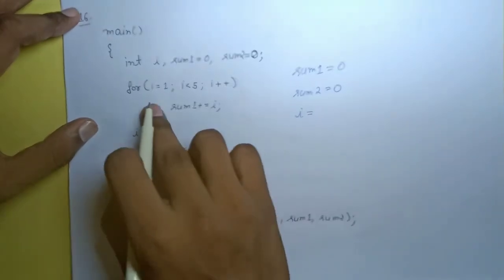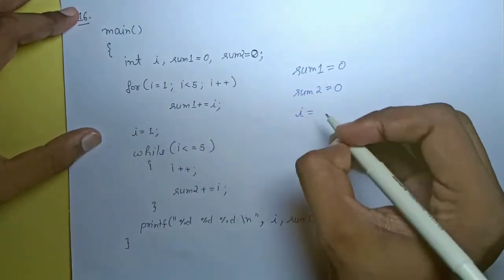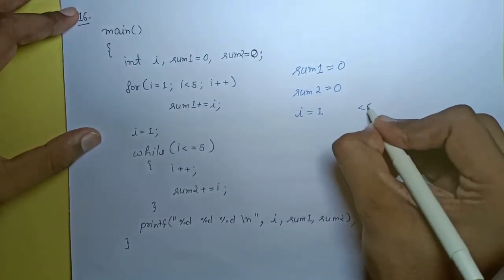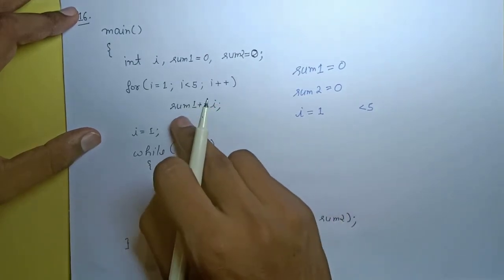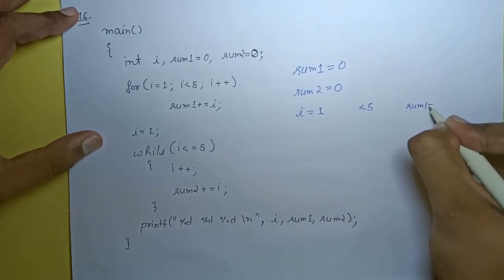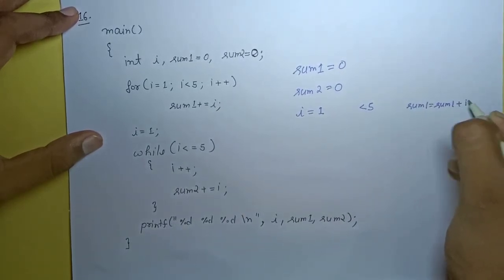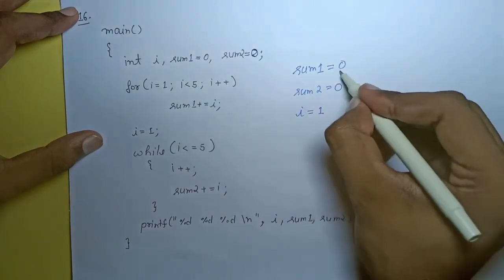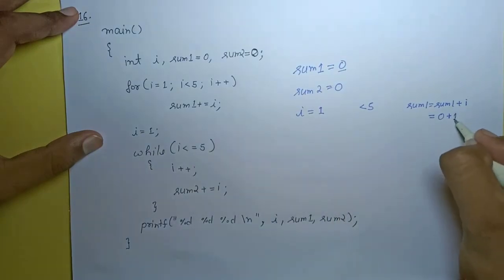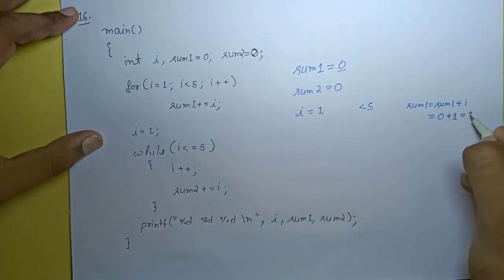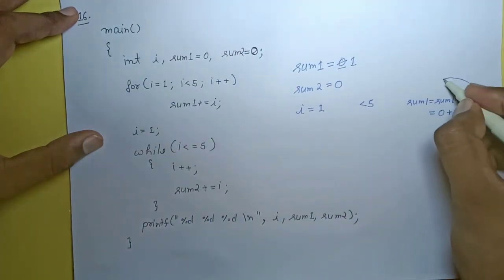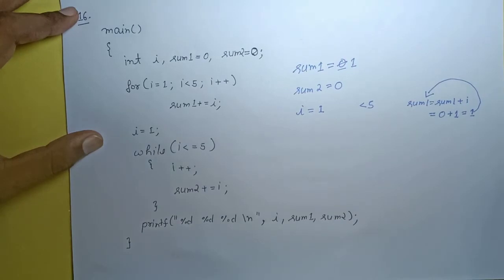In the for loop, we are initializing the I variable to 1. Then 1 is less than 5, obviously, so we come inside the loop and this statement is executed, which means sum1 equals sum1 plus I. The value of sum1 is 0 and the value of I is 1, so 0 plus 1 is 1, and the new value of sum1 is 1, because we are storing the result in variable sum1.